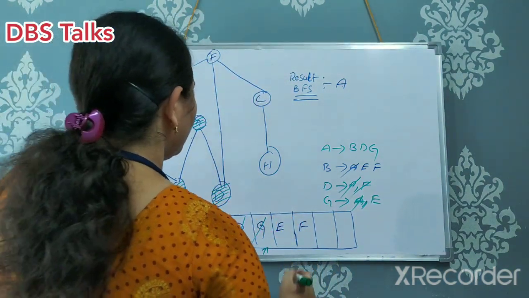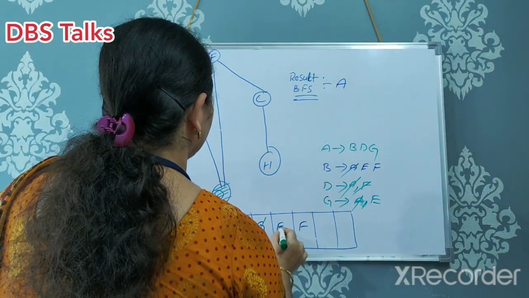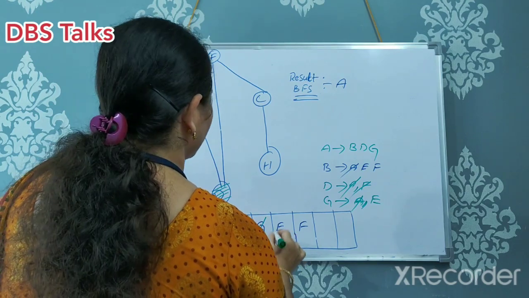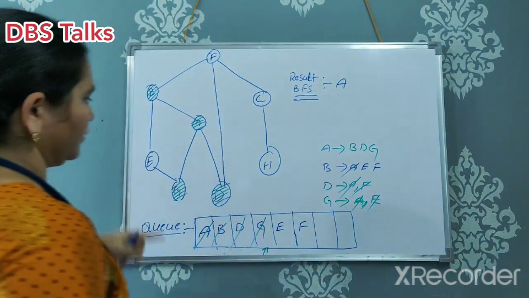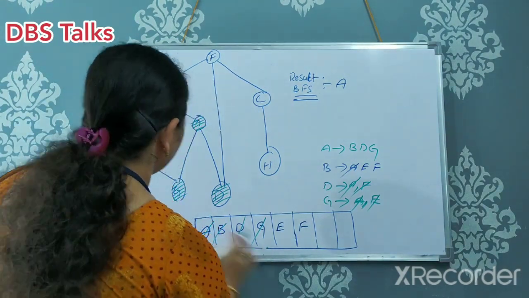E is not visited, but it is already in Q, so no need to consider it. Then we dequeue G.